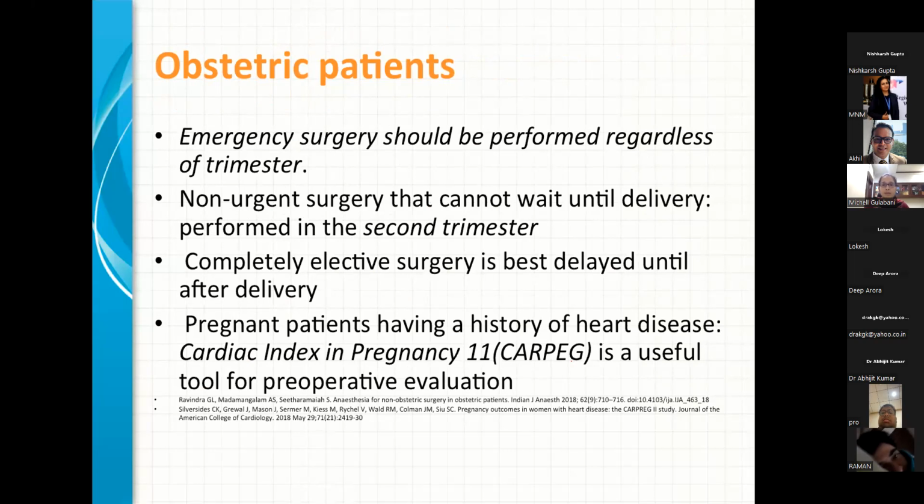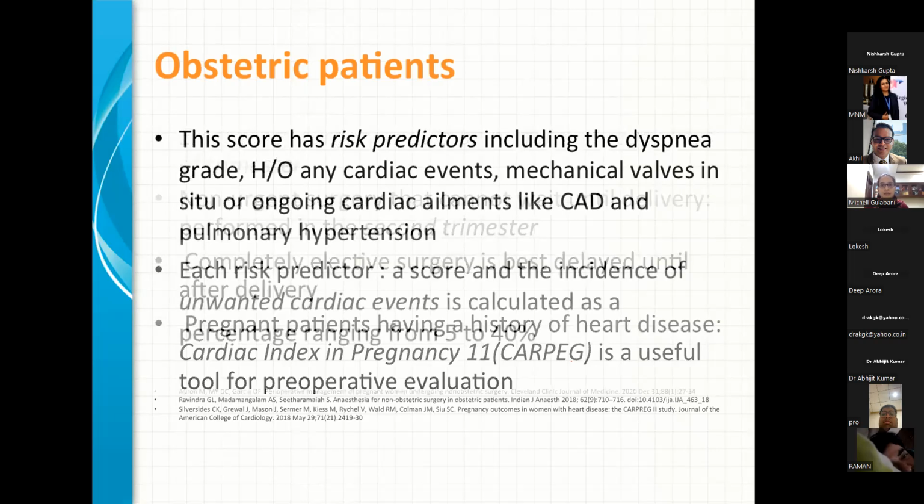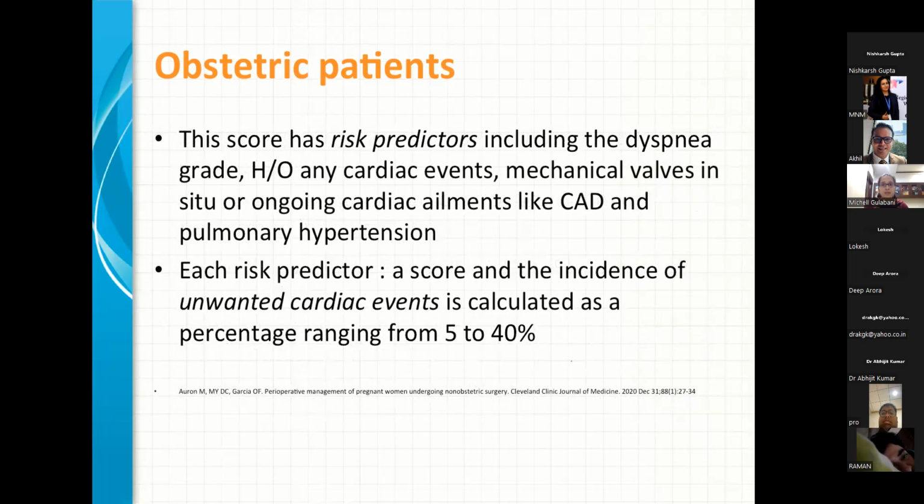Completely elective surgery is best delayed until delivery. For pregnant patients with a history of heart disease, the CARPREG score is useful for perioperative evaluation. It includes risk factors like dyspnea grade, history of cardiac events, mechanical valves, or ongoing cardiac ailments like CAD and pulmonary hypertension. Each predictor is scored and the percentage is from 5 to 40%.